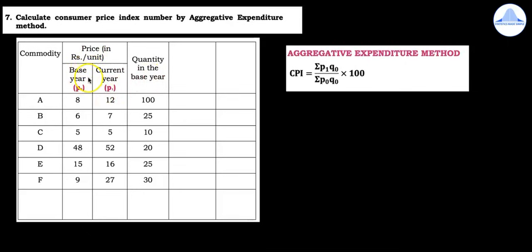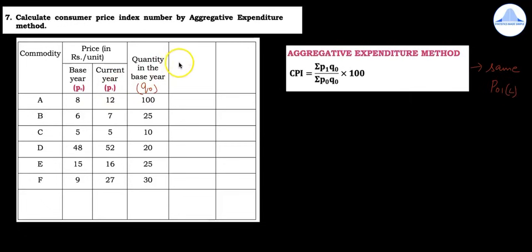So price in the base year is P0, price in the current year is P1, quantity in the base year is Q0. So the formula for the aggregative expenditure method is CPI is equal to summation P1 Q0 by summation P0 Q0 into 100. This is the same as last year's price index number formula.